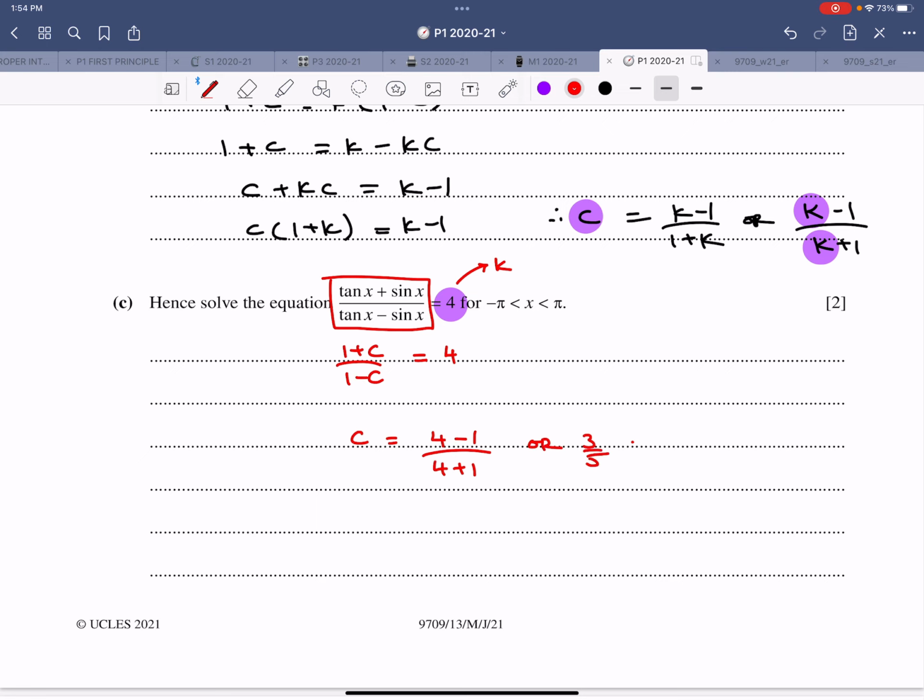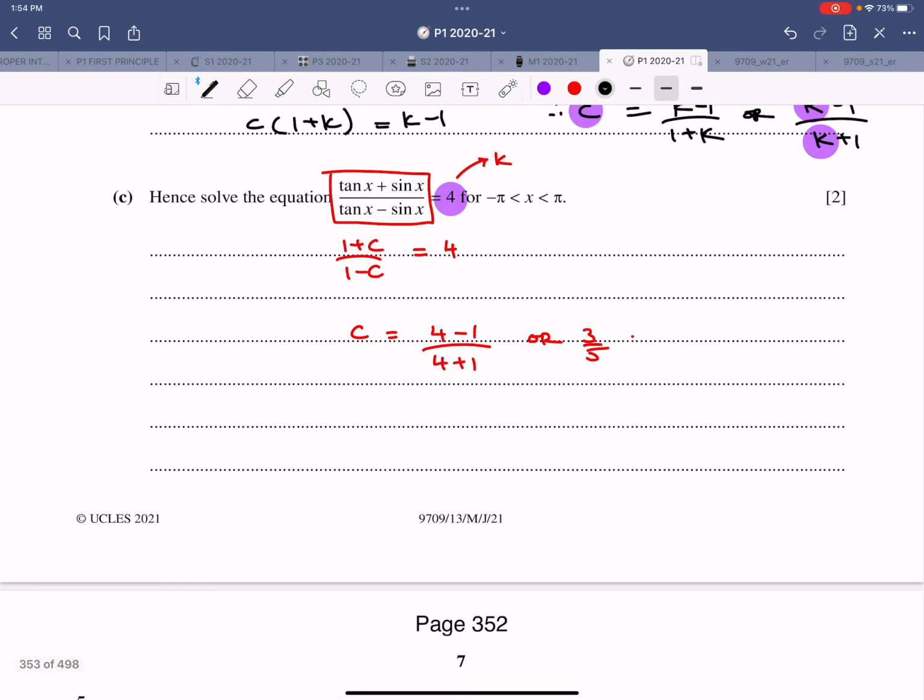That's what c is. So now it's between minus pi and pi. Now this is important. What do we mean by minus pi and pi? Now when we say minus pi to pi, basically it means 0 to pi and 0 to negative pi. 0 to pi is like the first quadrant and the second quadrant.